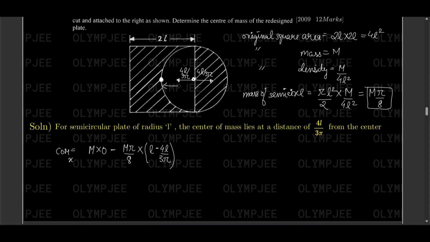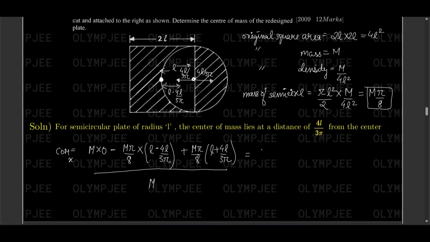Because this length is L minus 4L by 3 pi, since this is 4L by 3 pi and this total is L. And this length from the center would be L plus 4L by 3 pi. And total mass would be m only, since this is negative and this is positive, so it gets cancelled.